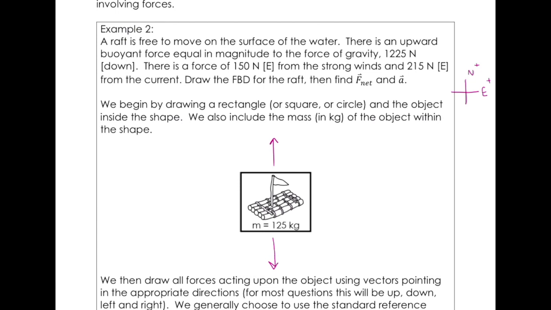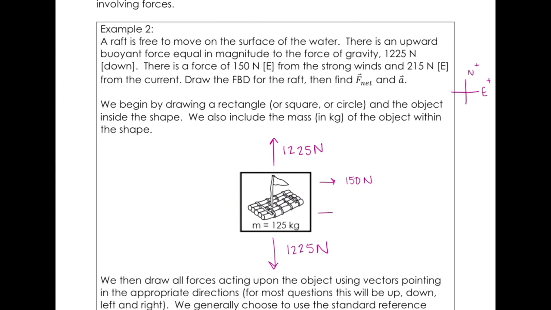They're each 1,225 newtons. The force of gravity is going to be 1,225 newtons. And then we have from the wind a force of 150 newtons.